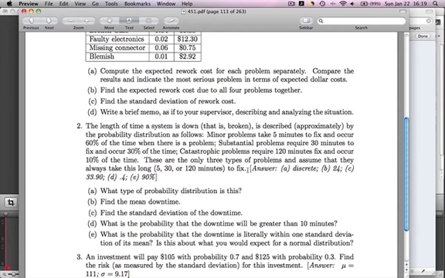Substantial problems, another event, require 30 minutes to fix and occur 30% of the time. Catastrophic problems require 120 minutes to fix and only occur about 10% of the time. These are the only 3 types of problems, and assume that they always take this long, 5, 30, or 120 minutes.